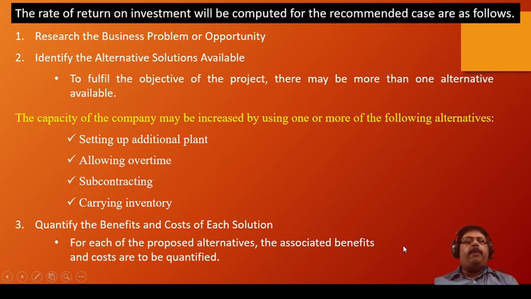Next is quantifying the benefits and cost of each solution. Quantifying is regarding the cost benefits, and these can be proposed with the alternatives and the associated benefits. The cost can be quantified, means how much cost will be there and what could be the benefit. This can be quantified and displayed in our proposal.